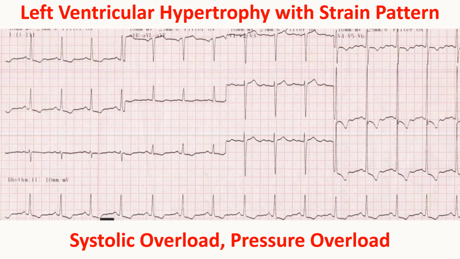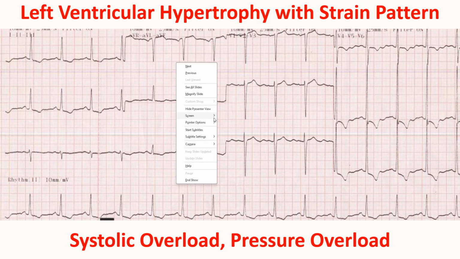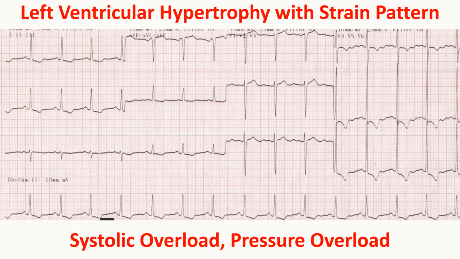Even in non-obstructive varieties of hypertrophic cardiomyopathy, ECG will show left ventricular hypertrophy pattern, but it is more marked in left ventricular outflow tract obstruction. So this is systolic overload pattern. What you have seen is systolic overload pattern, where ST depression is associated with T inversion.